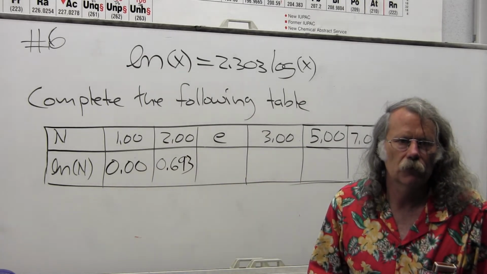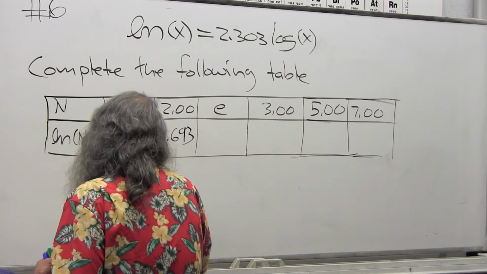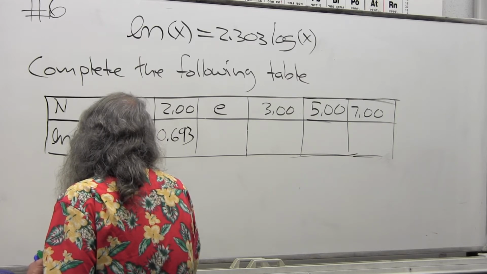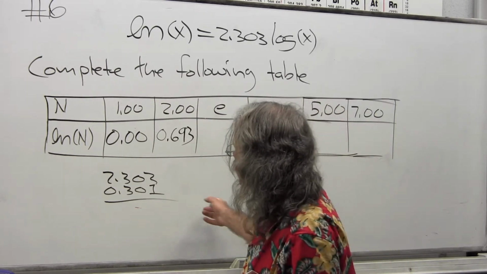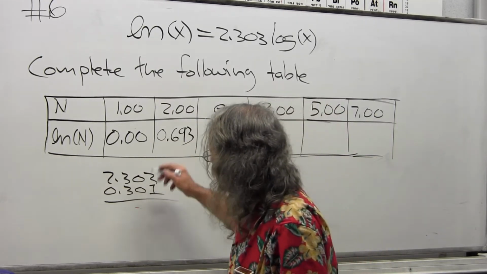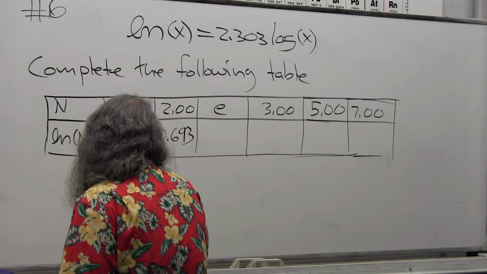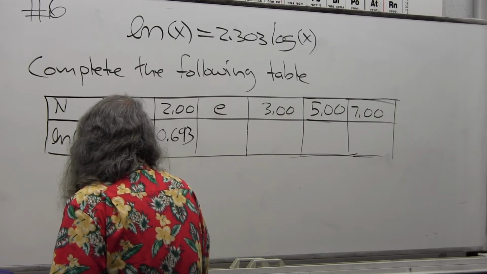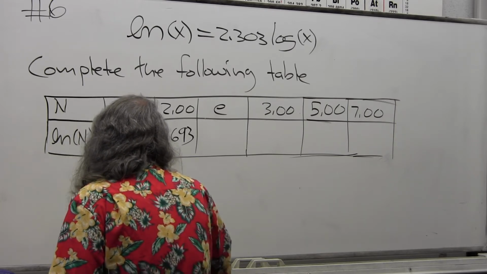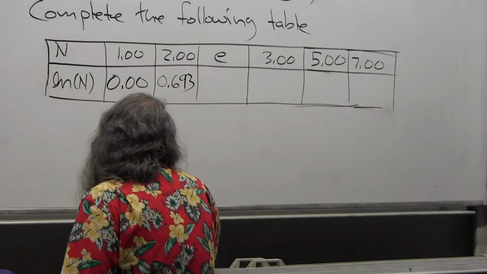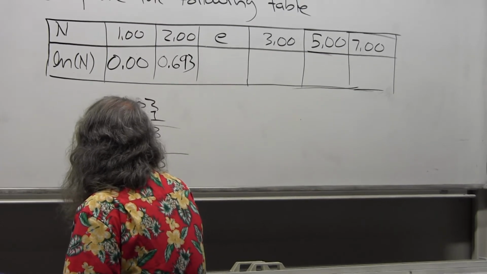That's the natural log of 2, which is 2.303 times 0.301. Okay. We can go further to the right of the decimal, but I only want 3 sig figs. 3 times 1 is 3, 0, 3, 2, and then I have a 0, and then I have 3 times 3 is 9, 0, 9, 6, and that's 3, 0, 9, and 3 is 12, 2 and 1 is 3, 9, 6.